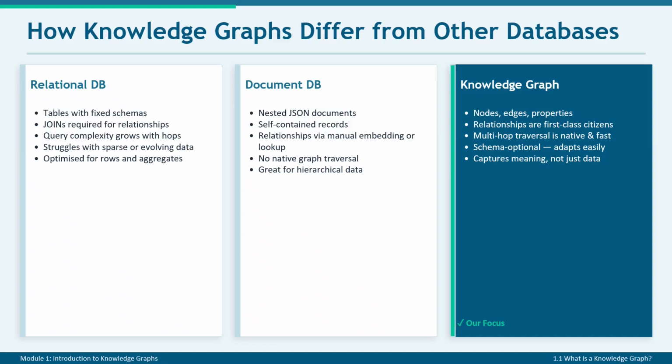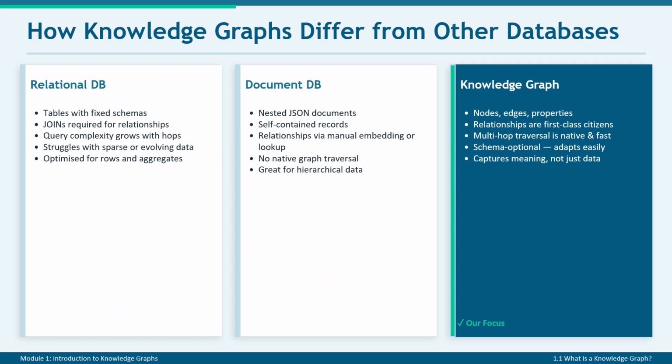They are phenomenally good at what they were designed for: structured data with clear, stable relationships. But when you start asking multi-hop relationship questions, who are the colleagues of this person who also work in this department, you end up with deeply nested join operations that become painfully slow and complex.